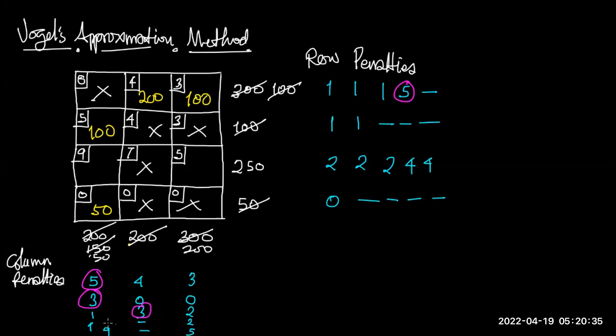Which is the highest? The 9. So let's allocate that particular column 1. 50 and 250. So what should be here? We have 50 and 250. So what should we write in here? 50.